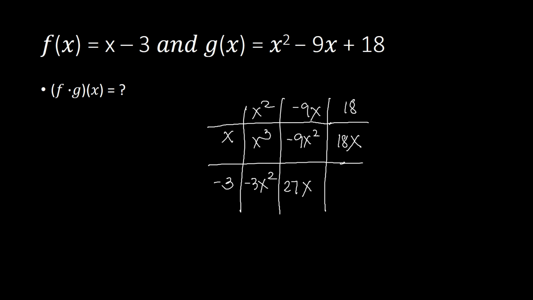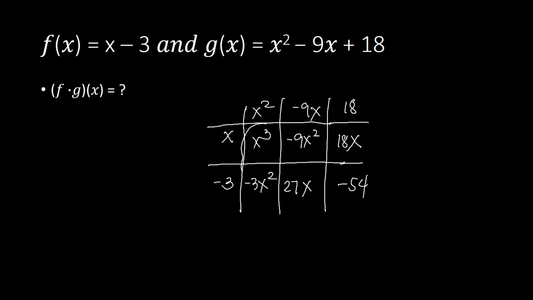Negative 3 times 18, that will be negative 48. Oops, but wait, this should be negative 54. Okay, there you go.